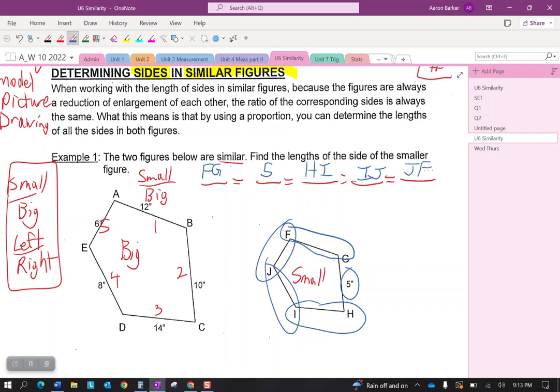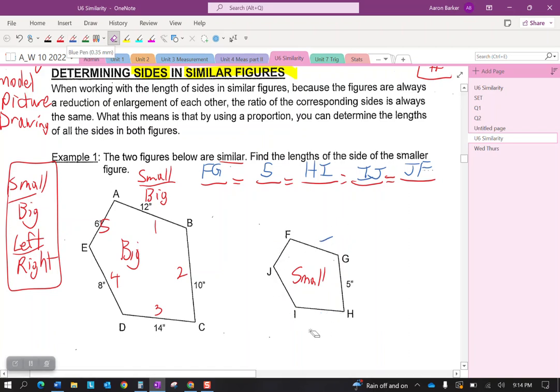Now, if you didn't want to use the capital letters, what could you do? Well, you could label it X, Y, Z, W, or W, X, Y, Z. But we're going to use the capital letters because they're given to us, and it's just as easy. The question is, though, which side goes on the bottom? Well, which side corresponds with FG?